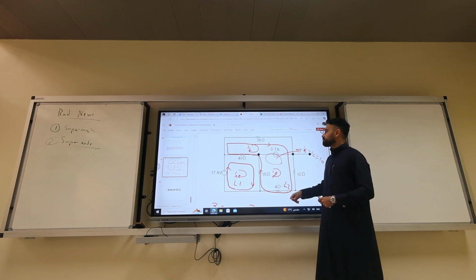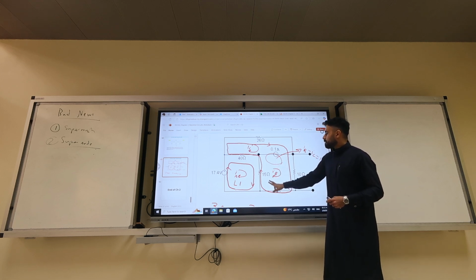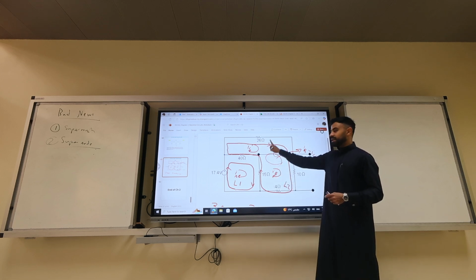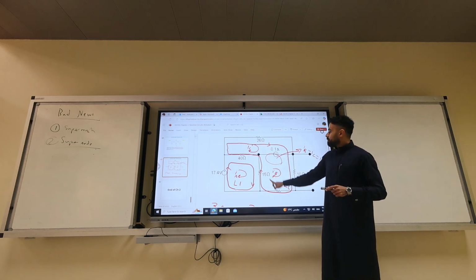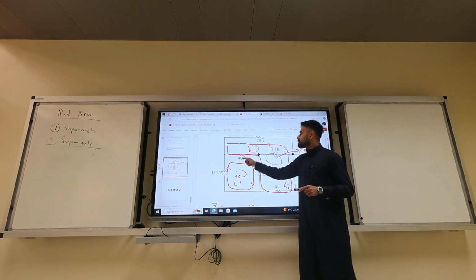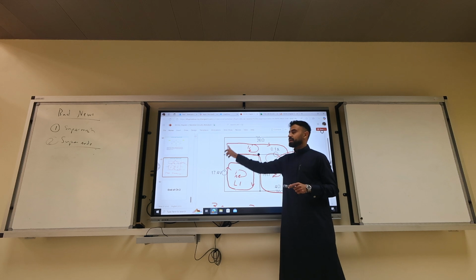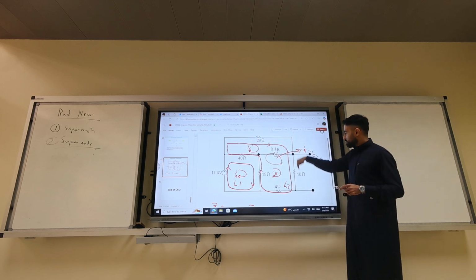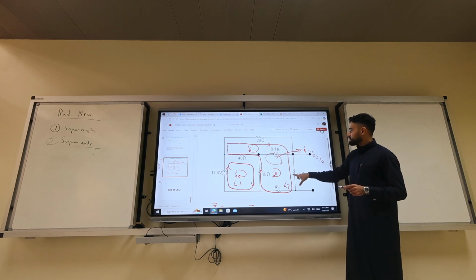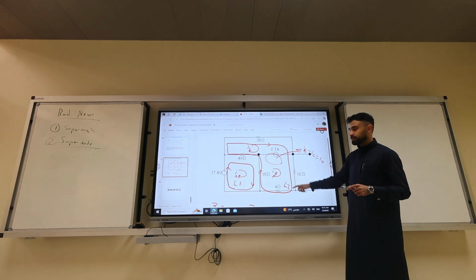Equation number 2, it will be voltage rise, so it will be 15. I told you, do not change the polarities. Stick with my method. 15 times IA minus IB plus 40 times IA minus IC minus 26 IC minus 10 times IB, because it's a voltage drop.